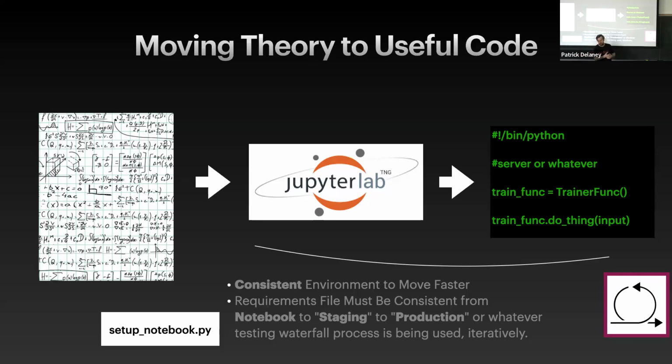What I've found is a huge challenge there is having a consistent environment, meaning the requirements. If you're using a Python requirements.txt or requirements.in, compile that. You want to figure out how to create a consistent environment between the two. I'm not going to go into detail about that, but it's important, because just because it works over here in Jupyter, how do you know it's going to work over there?